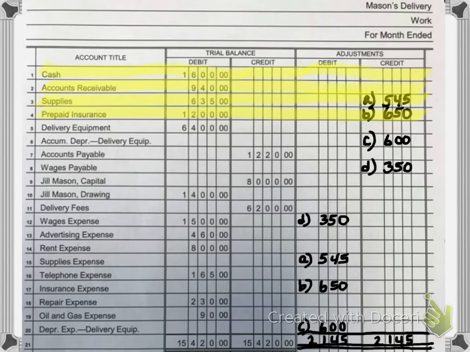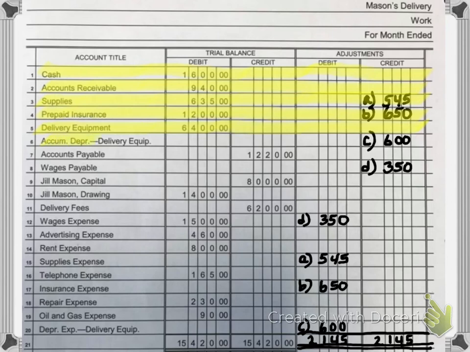The next line, delivery equipment, $6,400, was not affected by an adjustment. Your equipment accounts should never be affected by adjustments. So $6,400 would be carried over to the adjusted trial balance debit column.